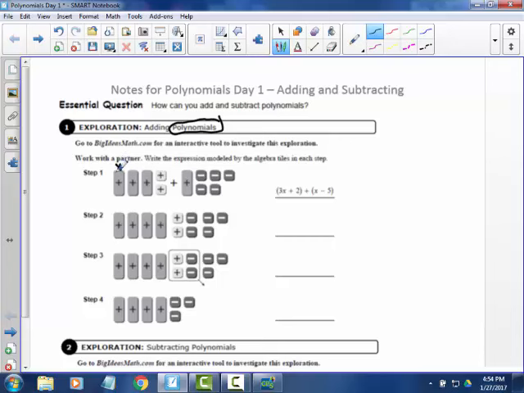So each of these long rectangles stands for x, or the unknown variable. Right? The small squares count as 1 unit, right? And these are positives. You can also have negatives. So this one's also an x, and these would be considered to be negative 1.